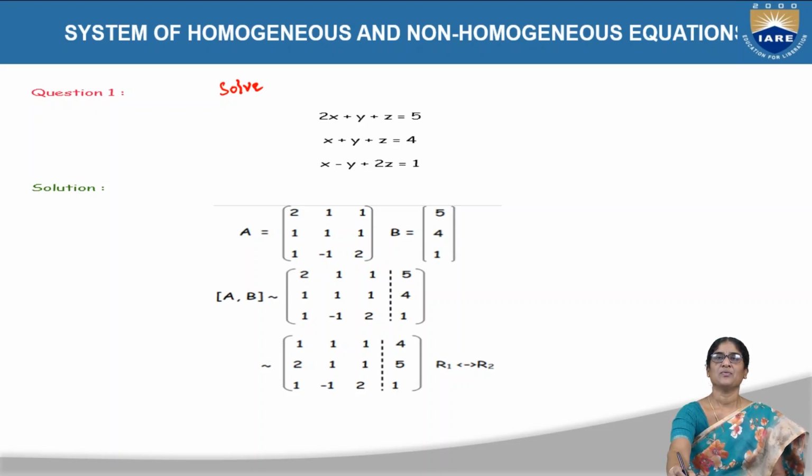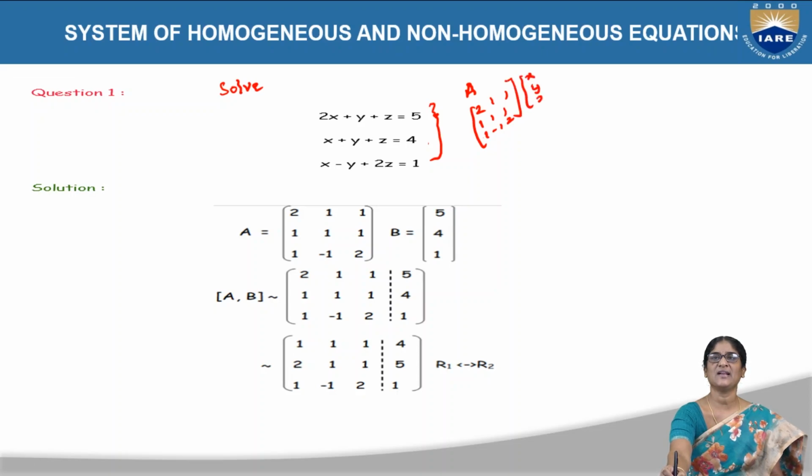Now, by observing the type of linear equations, you can say that these equations fall under non-homogeneous equations, because after converting to the matrix form, the coefficient matrix A can be written as 2, 1, 1; 1, 1, 1; 1, minus 1, 2, multiplied by the variable matrix x, y, z, and is equal to the constant matrix 5, 4, 1.